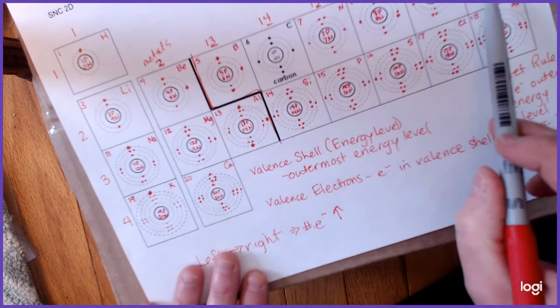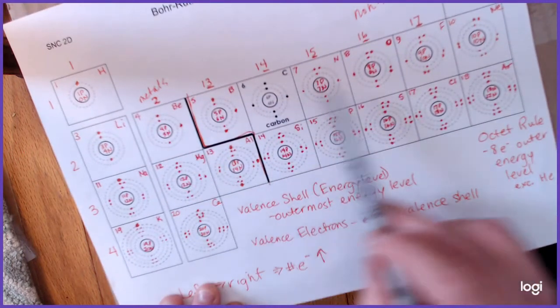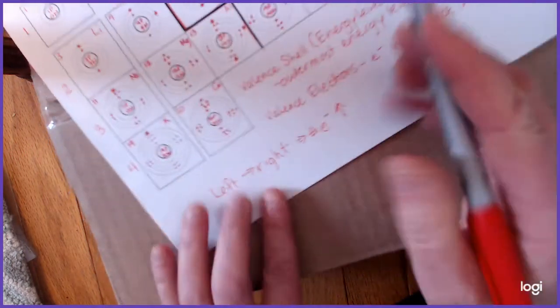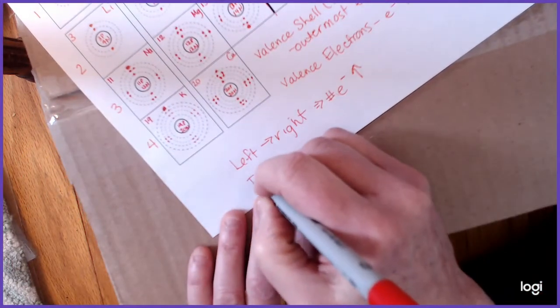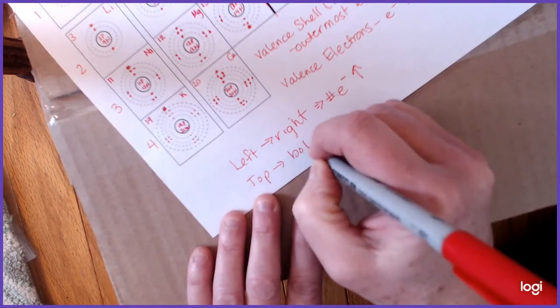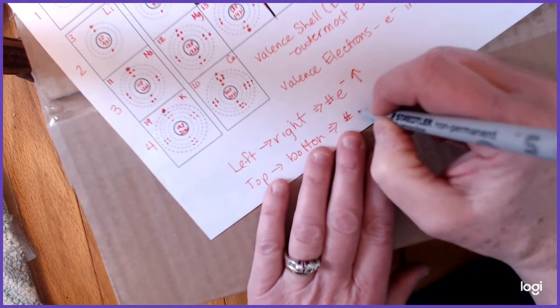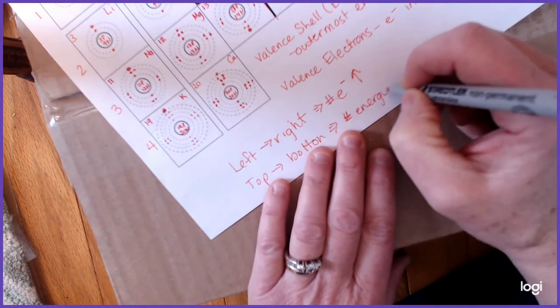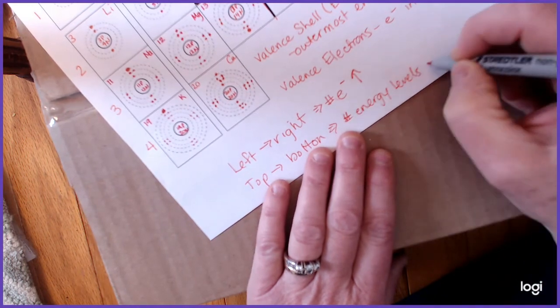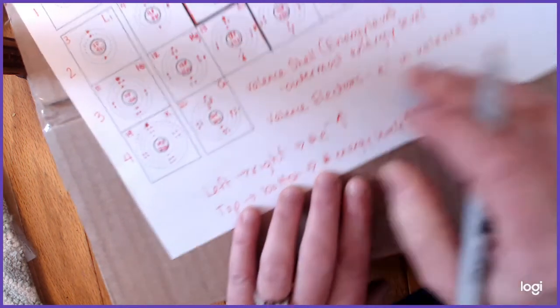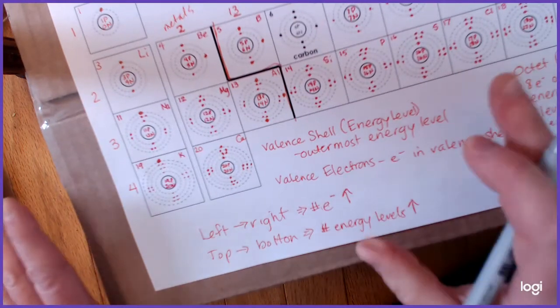So the number of electrons increases as we go across the periodic table. And as we go from top to bottom, our number of energy levels increases.